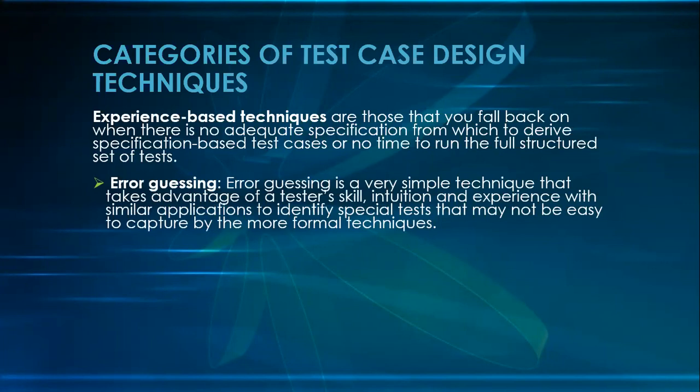Error guessing is a very simple technique that takes advantage of a tester's skill. How? It takes advantage of his skill, his intuition, and experience with similar applications to identify special tests that may not be easy to capture by the more formal techniques. Let's take an example.